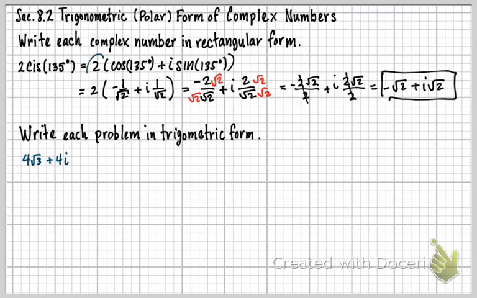And I should say r cis theta when I set this up here. So anyways, we need to find our r. So we're just going to plug in 4 square root of 3, because that is going to be our x. So that's going to be squared, plus our y squared, which is just 4. It's not the i, be careful. Make sure you don't put that in there. It's just the coefficients in front of the i for the imaginary parts.